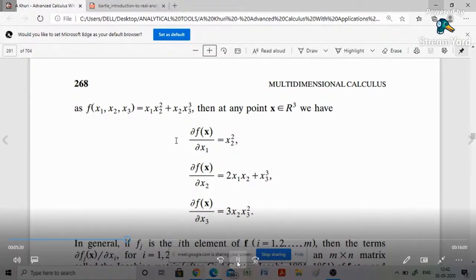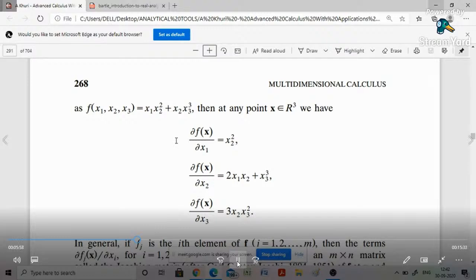The domain is three-dimensional Euclidean space, that is the vector x1, x2, x3 belongs to R3. And the range is univariate because the range value is x1 plus x1 into x2 square plus x2 into x3 cube. That is univariate.